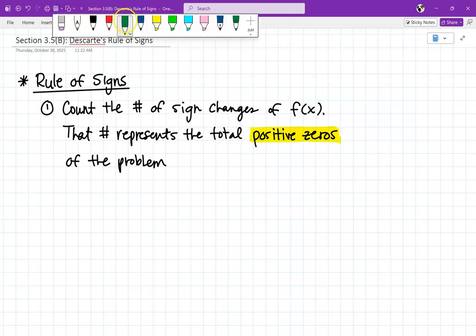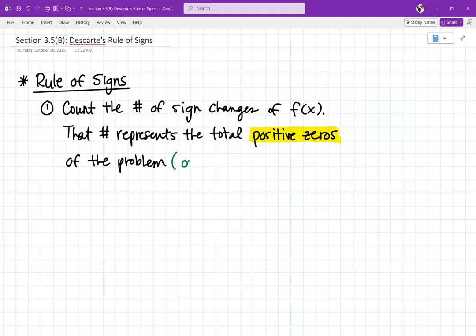And then in parentheses, I'm going to put or less than that by an even number. And this part kind of doesn't make a lot of sense, so I'll make sure I explain that to you guys when we do this. We're going to be using charts.